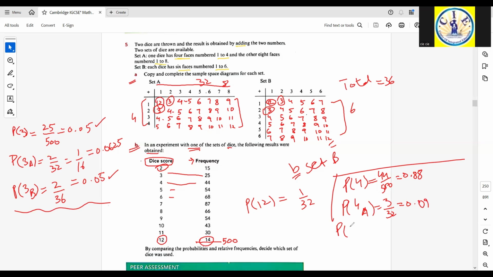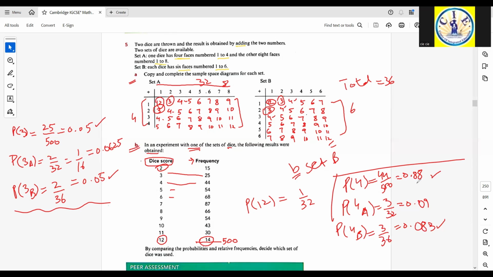And the probability of getting 4 from set B, let me calculate it. That is also 1, 2, 3, so 3 divided by 36, which is 0.083. So this one is closer to 0.088.